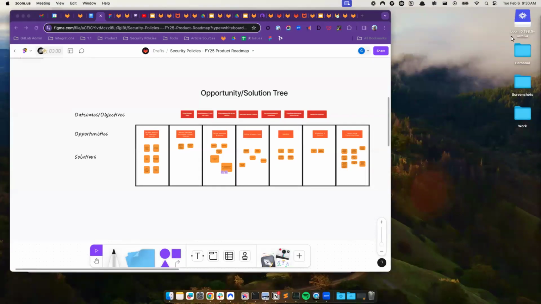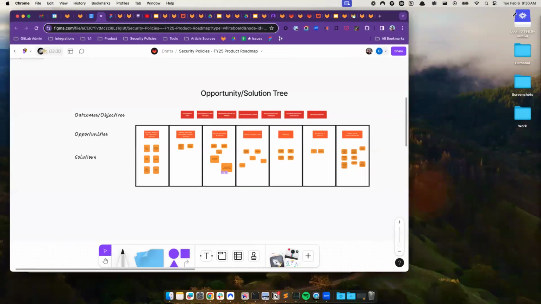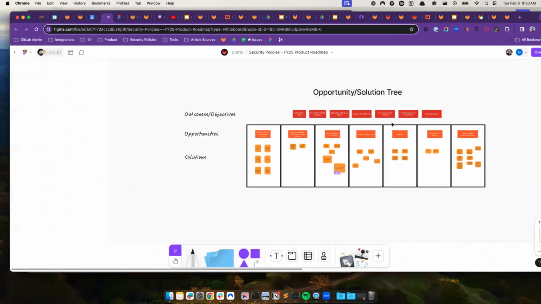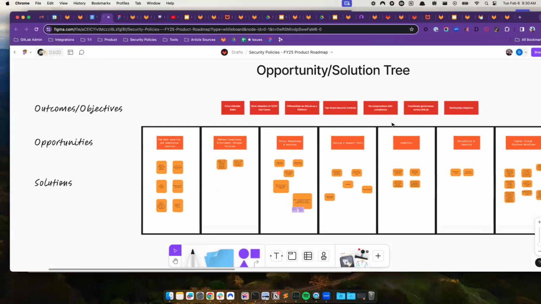I think this concept of an opportunity solution tree will give you at least a little bit of an idea of how I'm looking at prioritization in the work that we're doing. So at the top level, there are various inputs from a business standpoint as far as what we're focusing on as an organization.